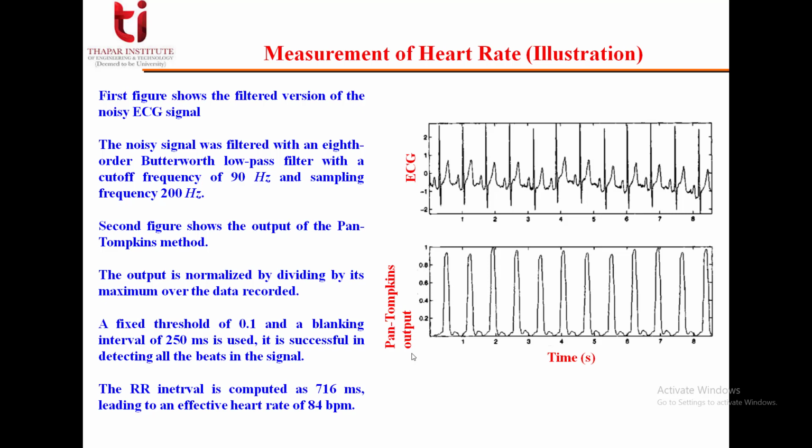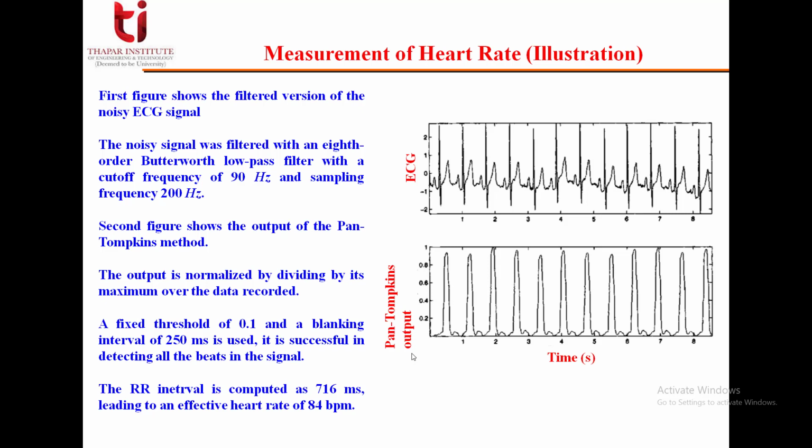And the second figure, if you see, shows the output of the Pan-Tompkins method, and this output is normalized by dividing by its maximum over the data recorded. In this, we are using a fixed threshold of 0.1 and a blanking interval of 250 milliseconds for successful detection of all the beats in the signal.